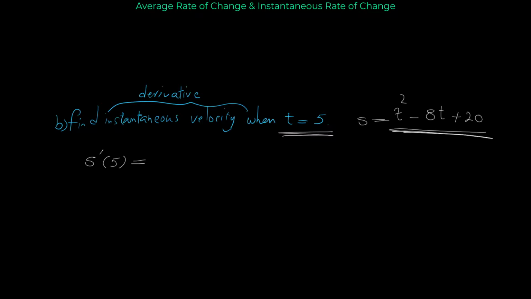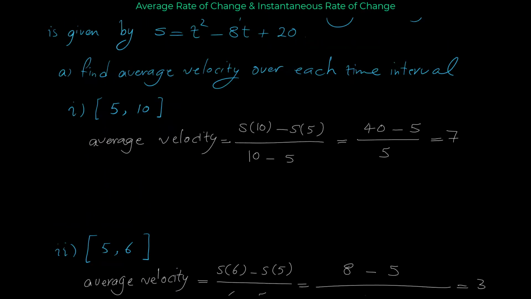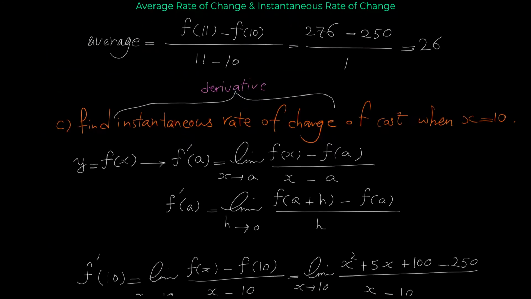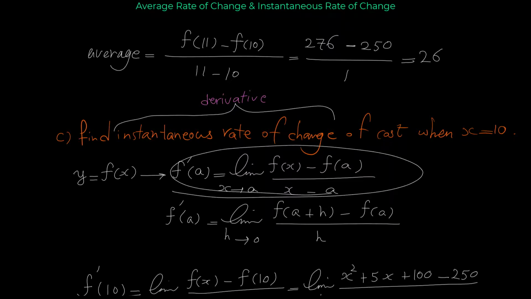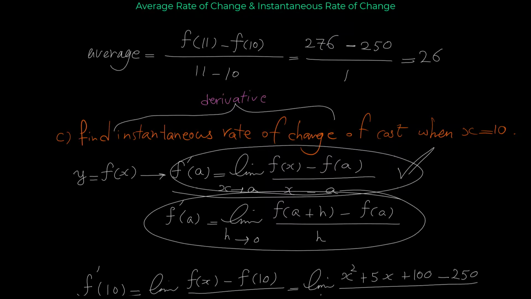Now again, you can choose between the two formulas that we have for derivative. If you remember, for finding derivative of a function like f, we can use this formula or this formula. It is completely up to you. Again, I prefer to use this equation for finding derivative.